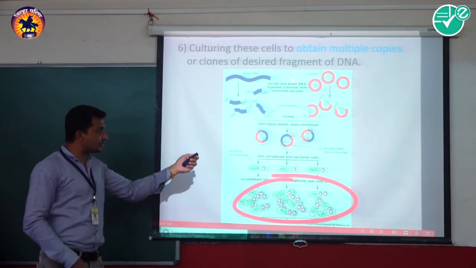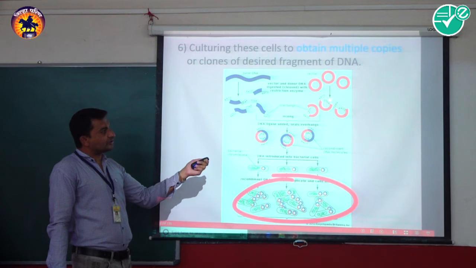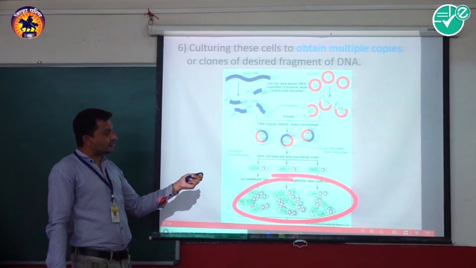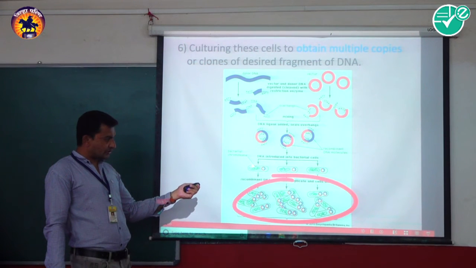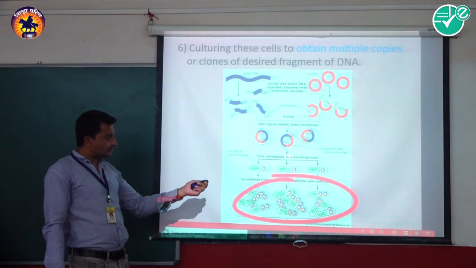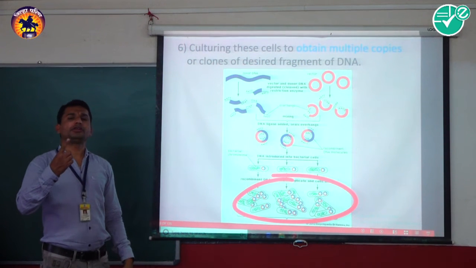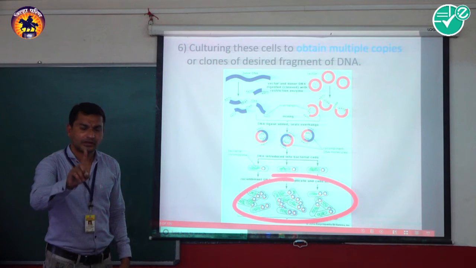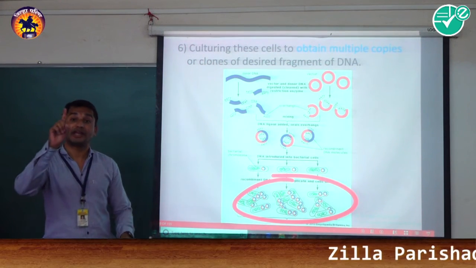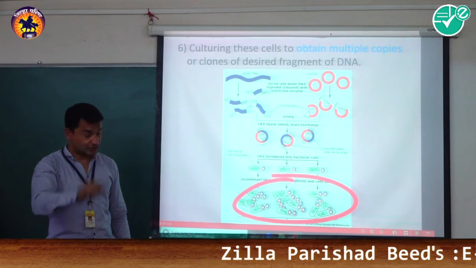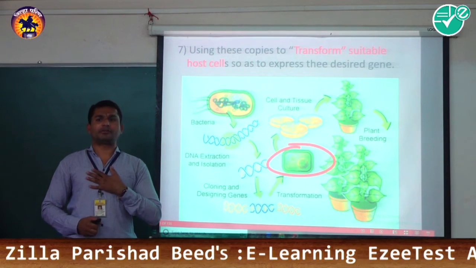In this photograph you can see one vector with that segment. The desired gene is introduced, and then each host cell multiplies, a second multiplication, a third. In the beginning we had only one, and now we have a number of copies of that small desired gene.